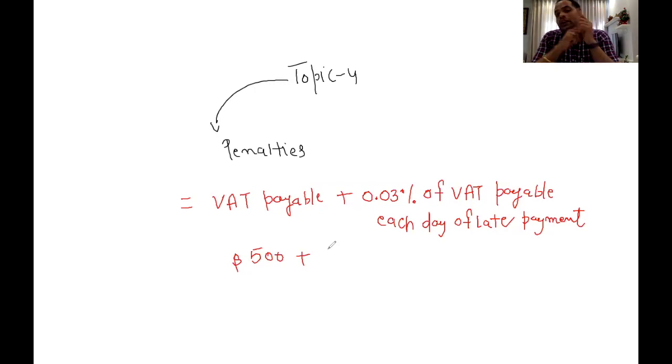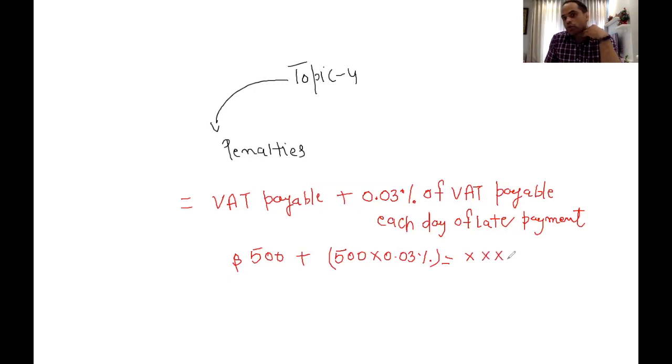I'm late, 1 day late. So it will be 500 multiplied by 0.03%, right? So that's for my 1 day of late payment.